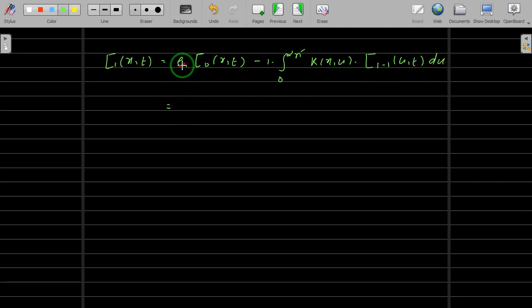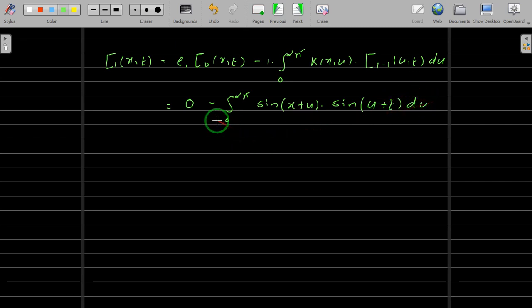C1 is 0, so first will be 0 minus integral, 1 is there, so integral 0 to 2 pi sin of (x plus u) into your C1 minus 1 is 0, so C0 is again sin of (u plus t) dv.